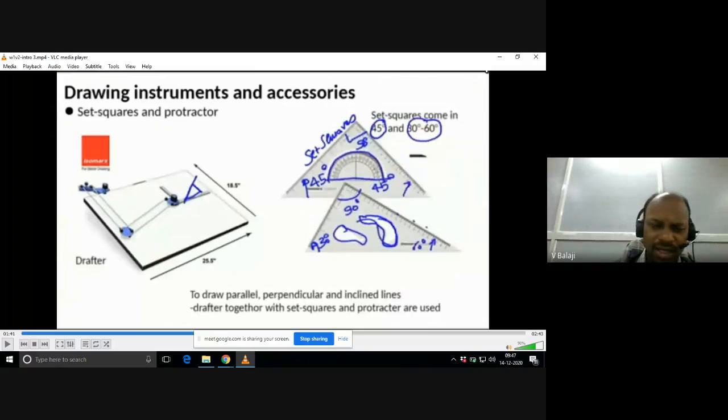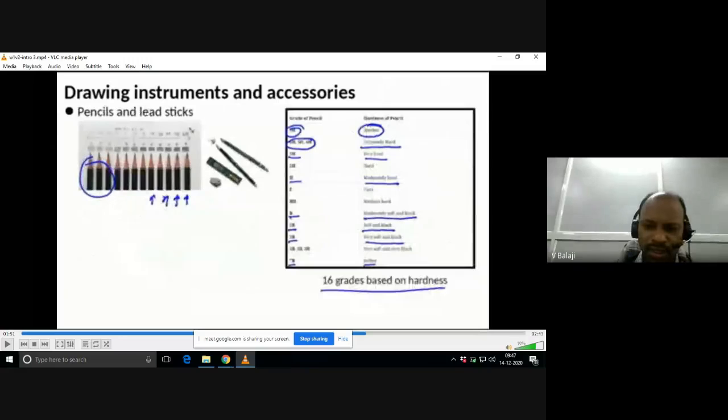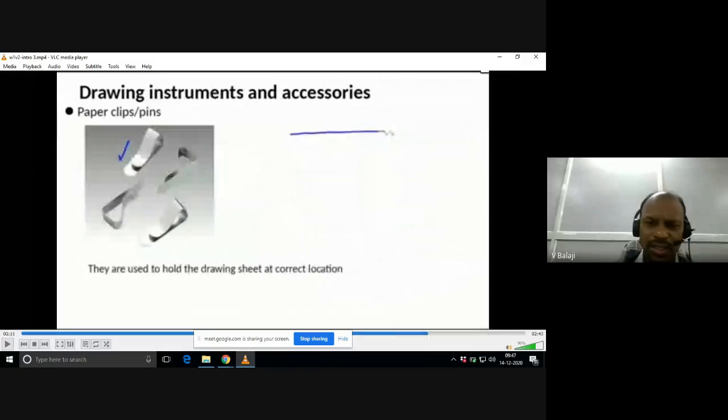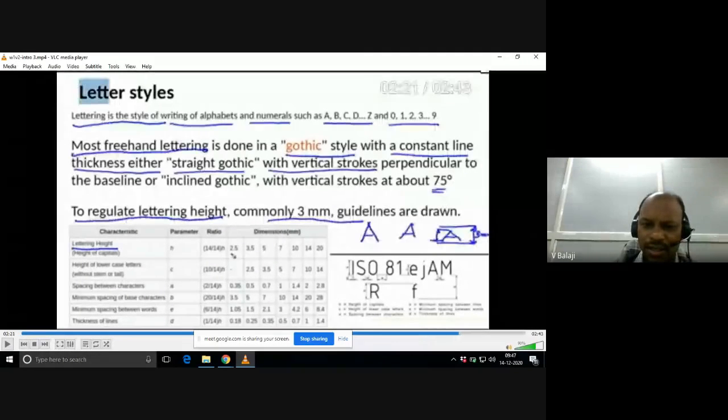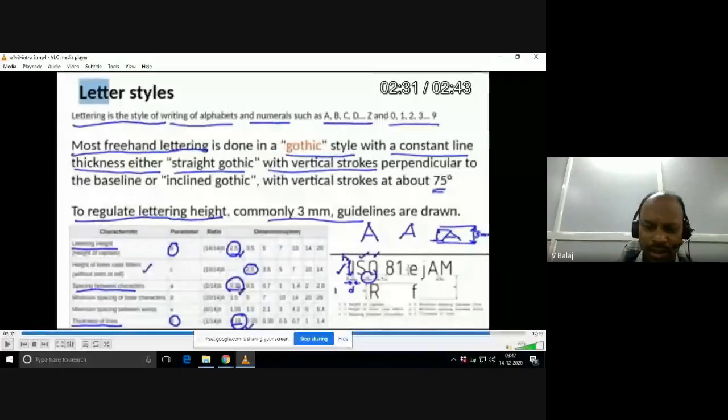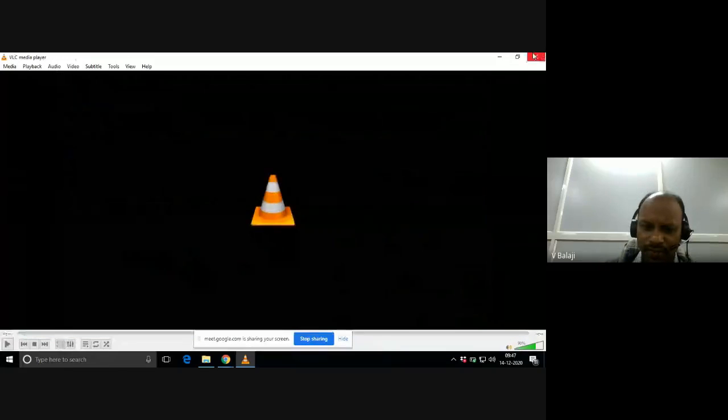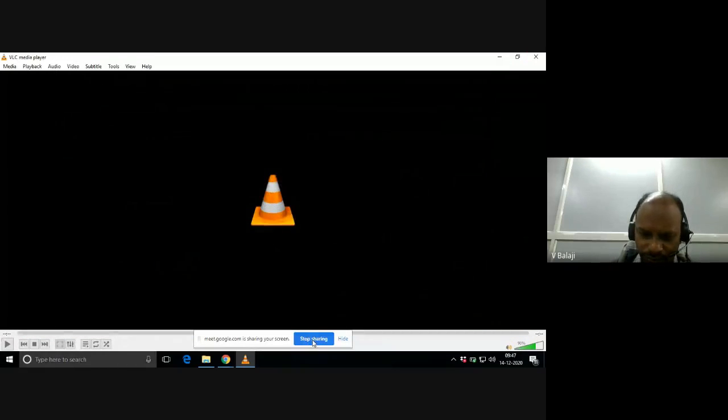And importantly, drafter, set squares, and pencils, very importantly pencils and clips, and letter styles. It's freehand only, no need to worry about it. So we have learned this in the first lecture.